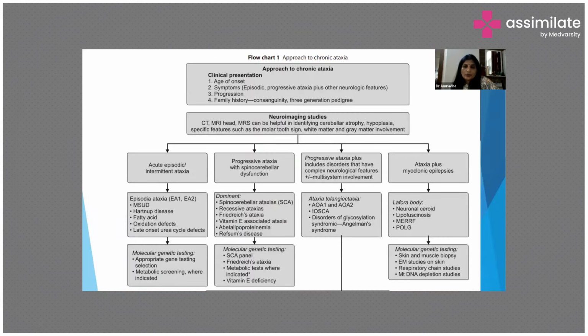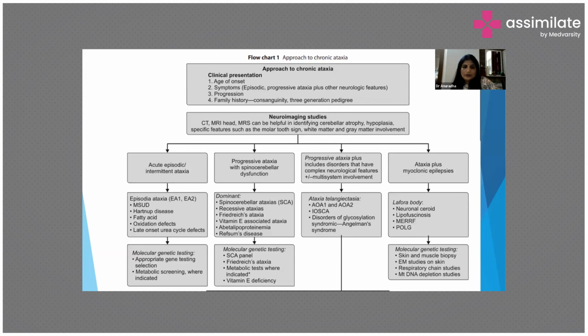This is how you approach a case of ataxia. So you see the clinical features, age of onset, complaints, symptoms, progression, family history, then you do the imaging, CT, MRI, etc. Then on other imaging, you see whether there is cerebral atrophy, cerebellar tumor, hypoplasia of the vermis, molar tooth appearance, or white matter, gray matter degeneration.